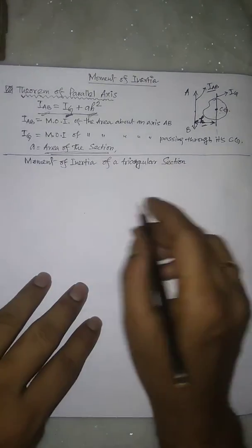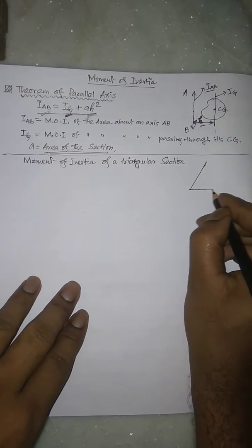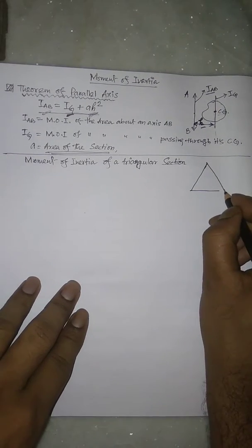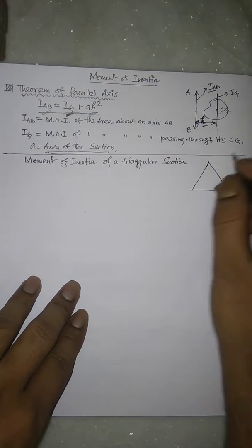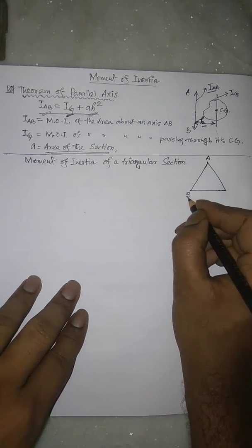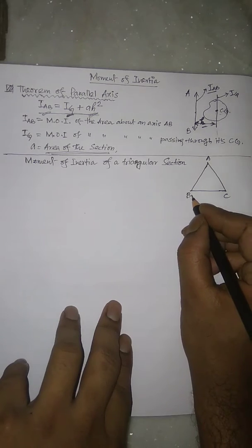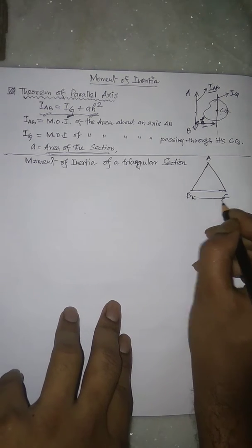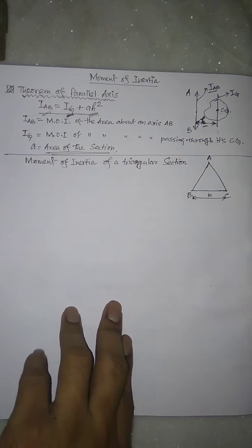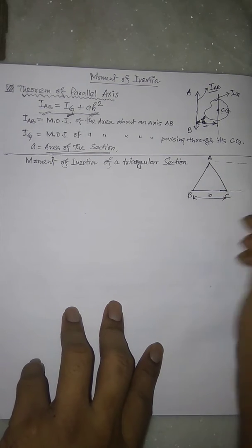Consider this is a triangular section with vertices A, B, and C. The base is b, and the height of this triangular section is h.